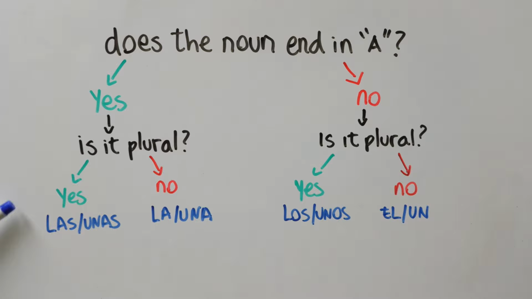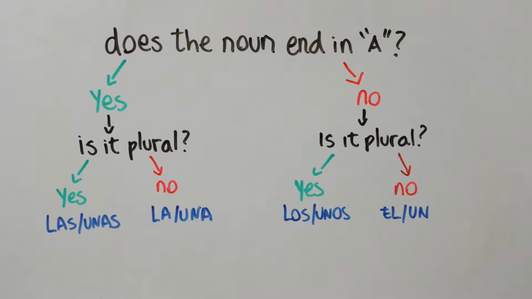The answer could be either yes or no. If the answer is yes, the next question is, is it plural? And again, the answer is going to be yes or no. If the answer is yes, then we know that we're going to use either las or unas. And if the answer is no, we're going to use la or una, simply the singular version of las and unas.